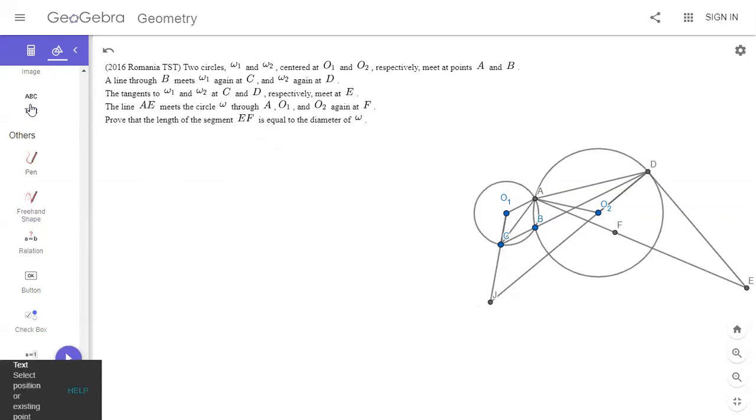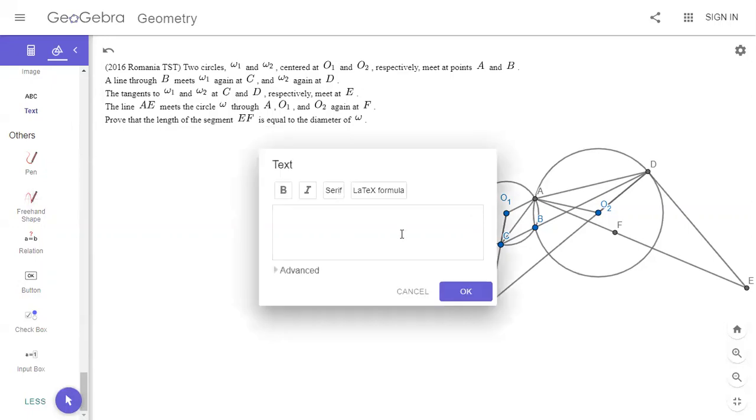Okay, that's point J. I'll just keep it in mind. All right.